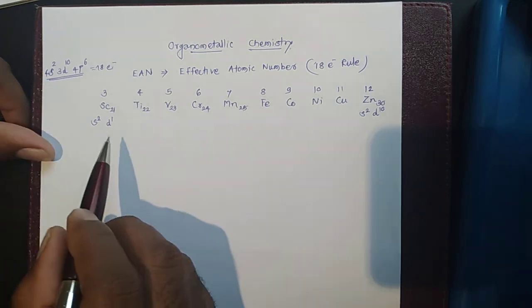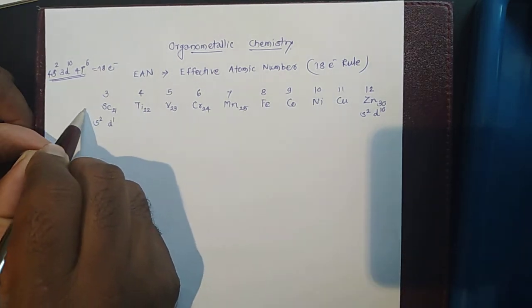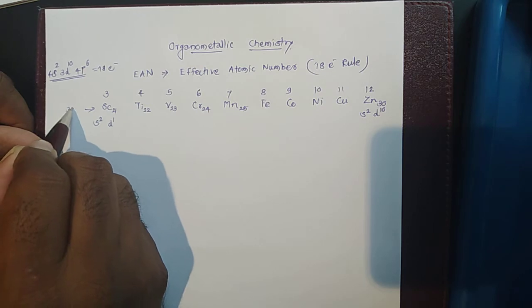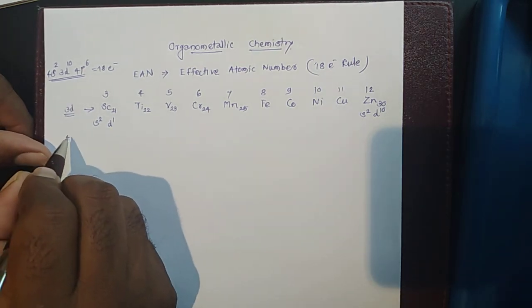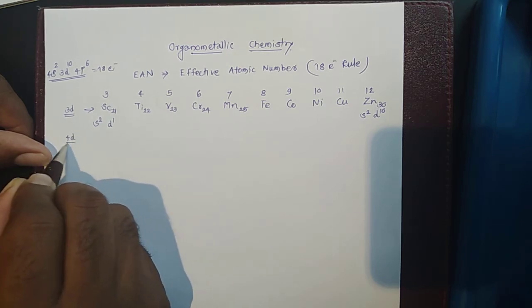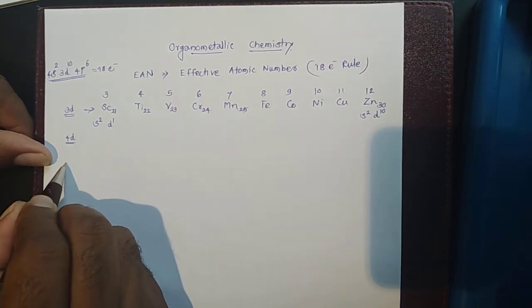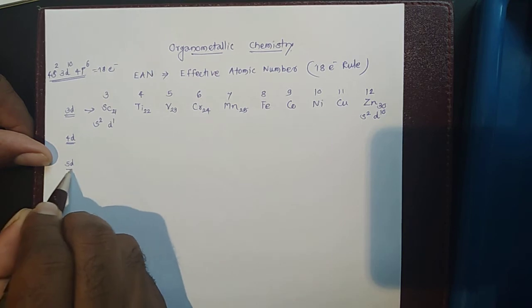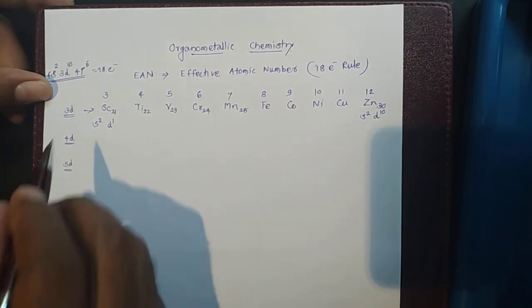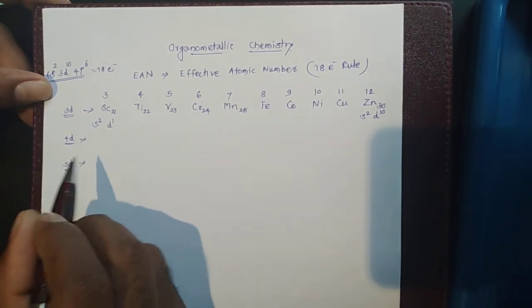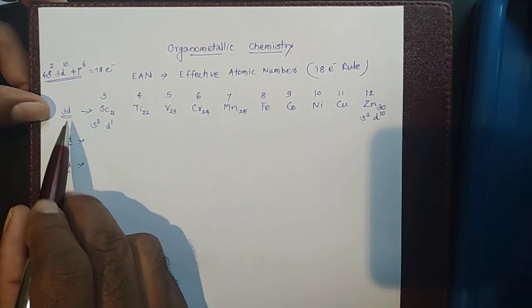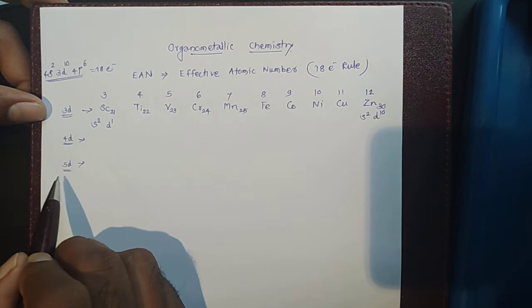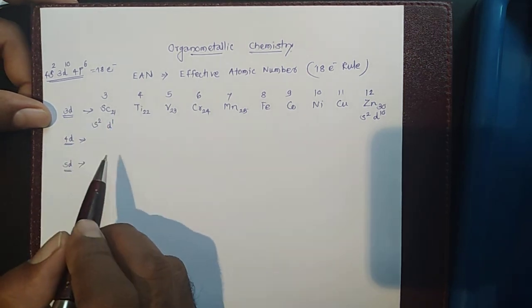So this series is not sufficient. As I have mentioned, this is the 3d series, and there are another two series, the 4d series and the 5d series. Their valence electrons are in d orbitals, but not in the third shell, rather in the fourth shell or fifth shell. So we should know that series also.